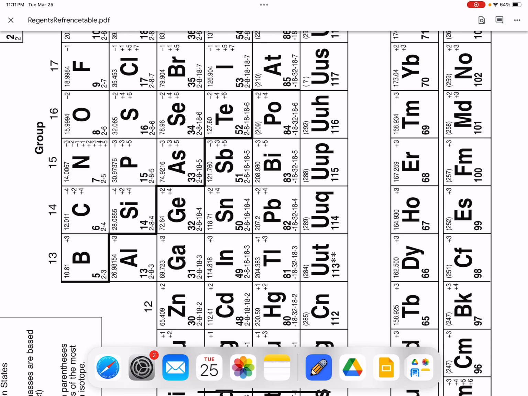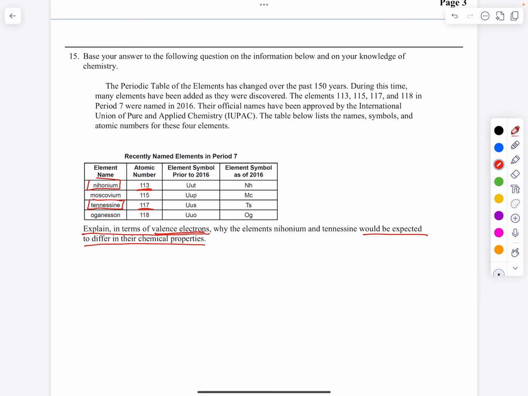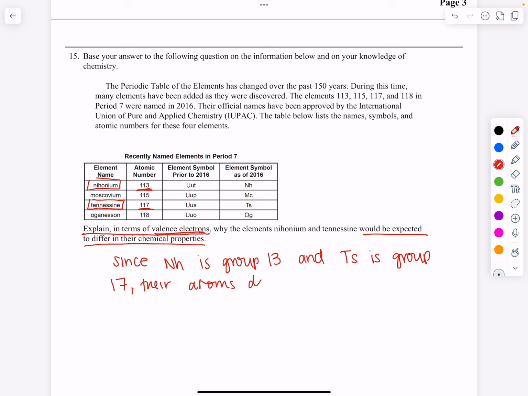So since Nh is group 13 and Ts is group 17, their atoms do not have the same number of valence electrons.